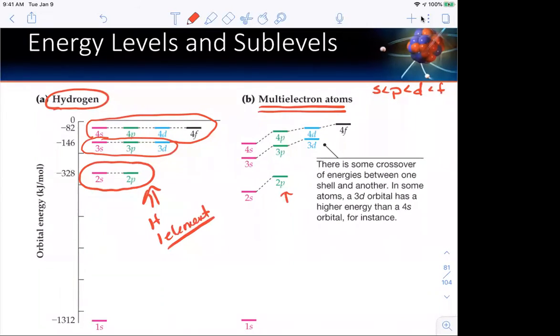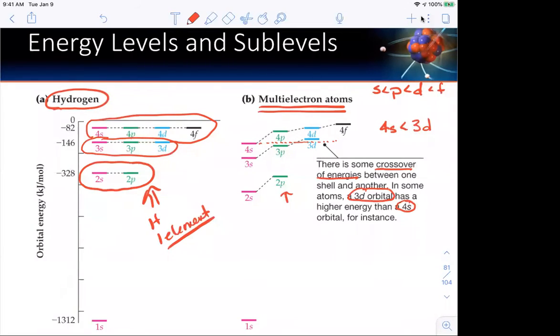But notice here, if I draw a line out this way, my 4s is actually lower in energy than the 3d orbitals. There's some crossover of energies between one shell and another. So in some atoms, my 3d orbital has a higher energy than a 4s orbital. I fill and populate orbitals based on energy.